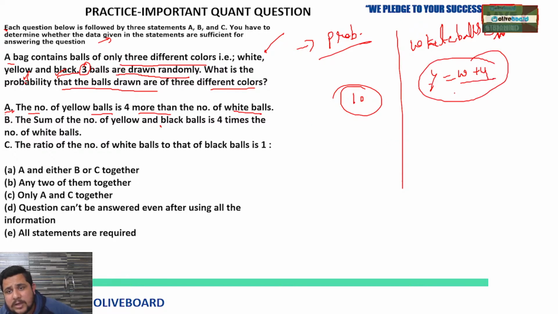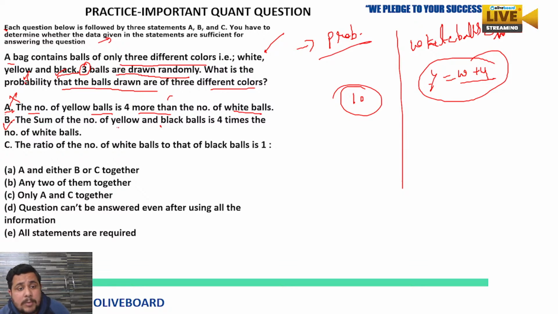But this is the only thing we are getting, no other data. So A alone is not sufficient to answer. It may be possible that we can answer the question with the help of A and the other statement, but alone, A is not sufficient.